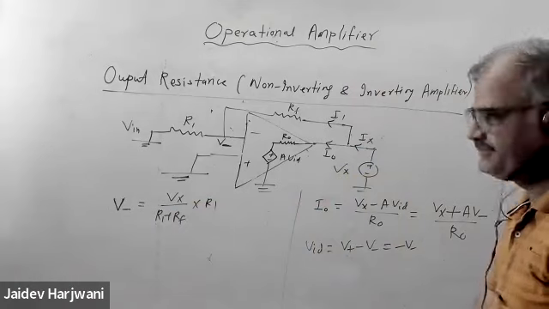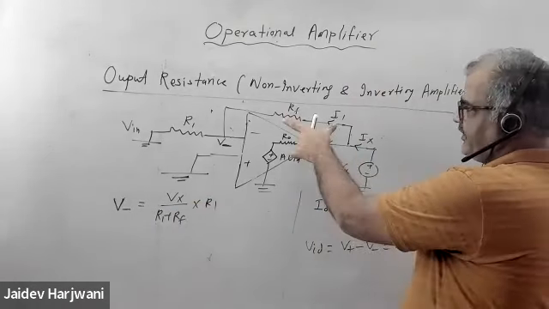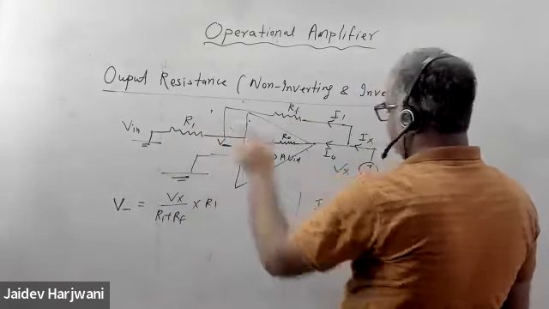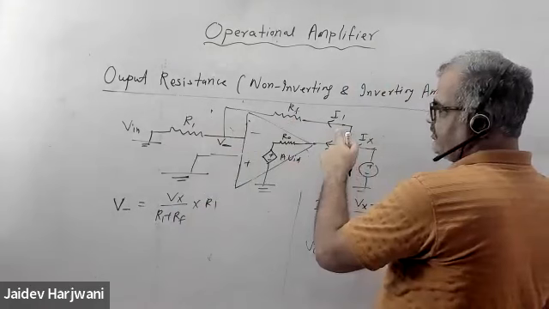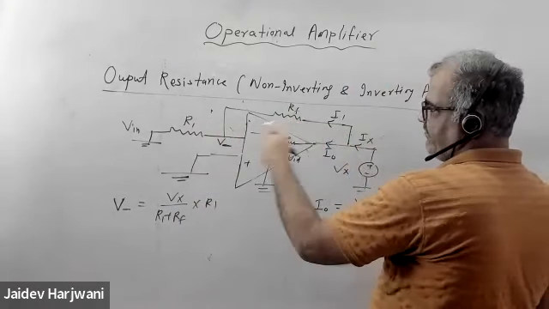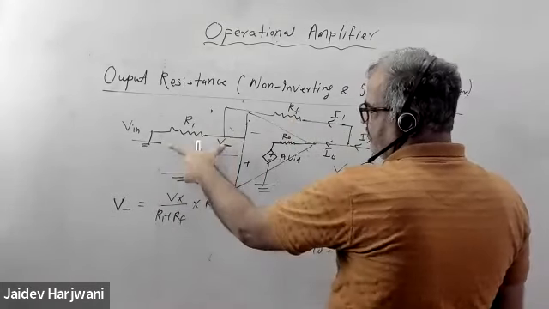Is this correct? The source voltage is getting dropped here and that is getting dropped here. Current is coming in, this I1, so the total current is I1. This is Vx upon Rf plus R1, the total current, into R1. That is your V minus.